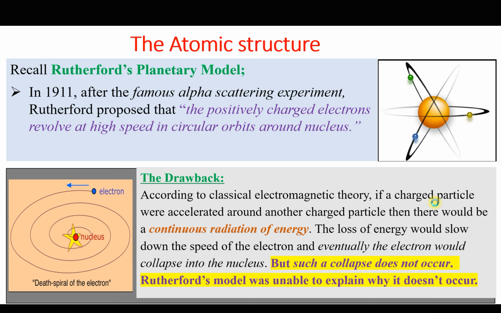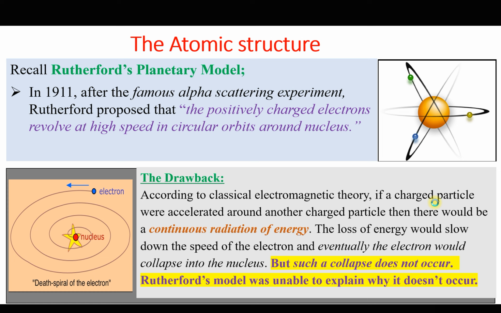If electrons were moving around a positively charged nucleus, as suggested by Rutherford's model, then according to classical electromagnetism we would expect that the electrons would lose energy. This loss of energy would slow down the electron, and it would eventually collapse into the nucleus.